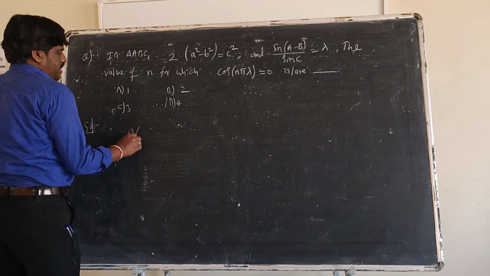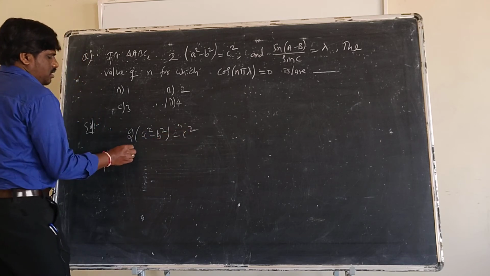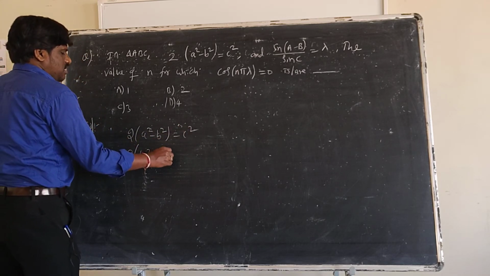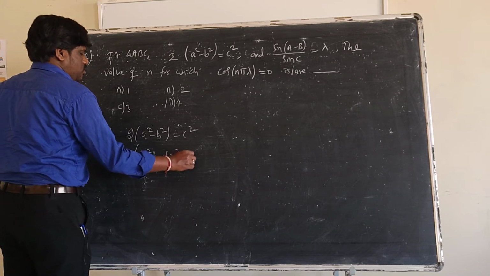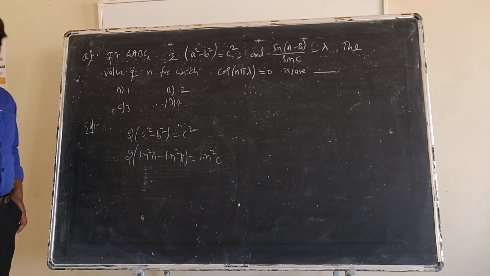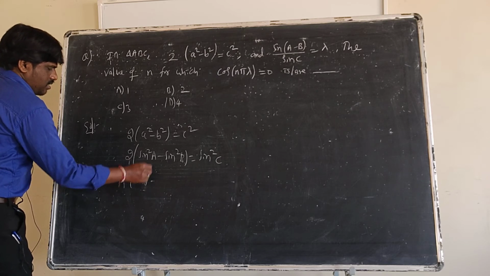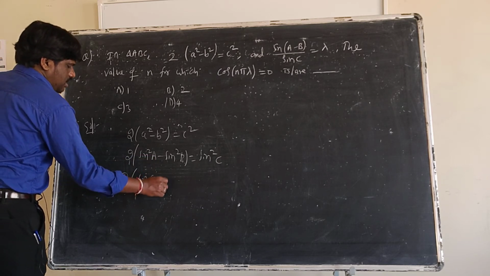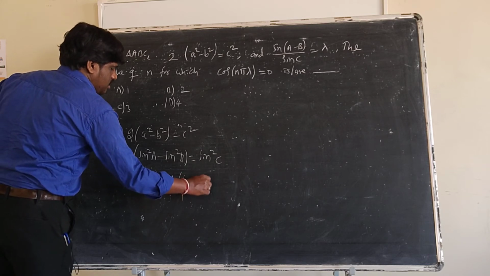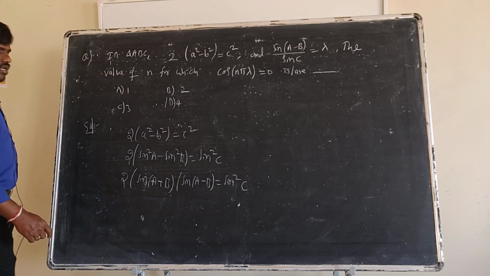2 times of a square minus b square is equal to c square. 2 times of this I can write as sine square a minus sine square b is equal to sine square c. You know that sine square a minus sine square b formula is what? 2 times of sine (a plus b) into sine (a minus b) is equal to sine square c, right?